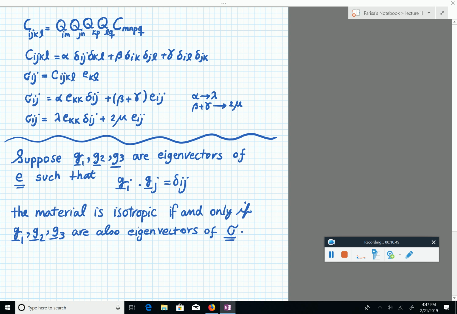So this is kind of an important and interesting thing to notice.